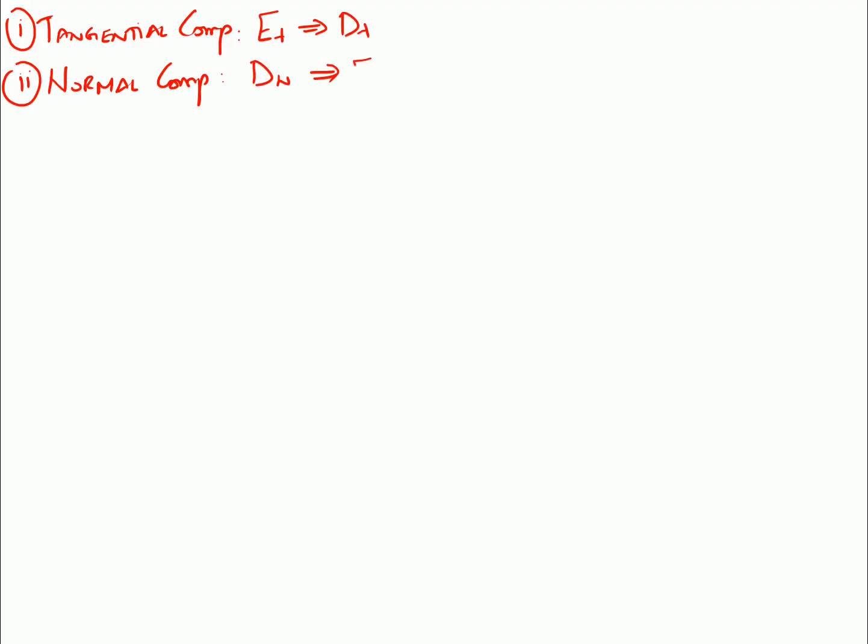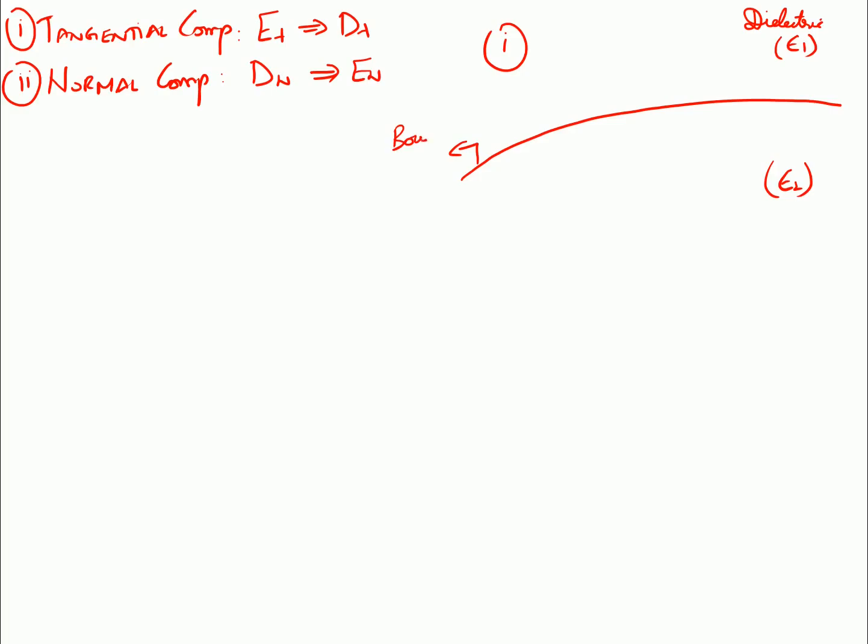Once we know Dn, then En will be extracted from there. So we start with the tangential component, and we make use of the same graph that we saw previously. In this scenario, we have two dielectrics. The first region is a dielectric material. This is region 1, so let us call this ε1, and the other material is also a dielectric, let us call this ε2, and this is as usual our boundary between them.